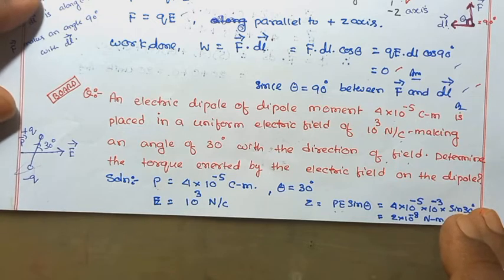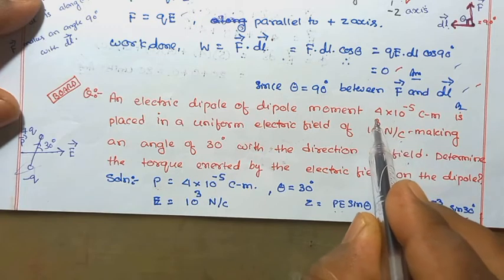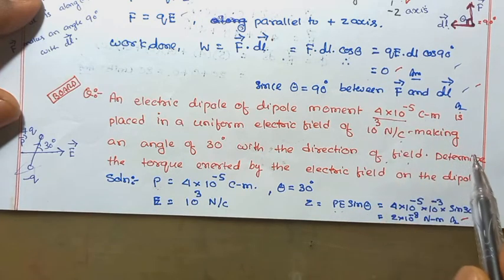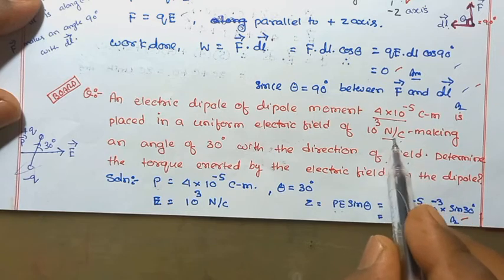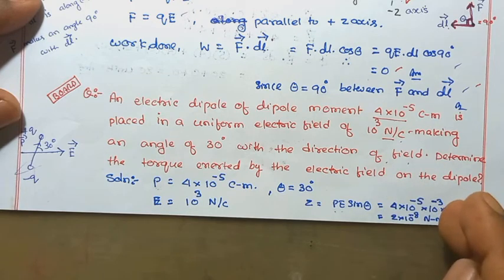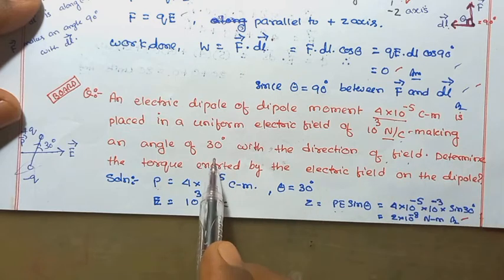In this question, electric dipole moment is given, that is 4 into 10 power minus 5 coulomb meter, and uniform electric field is given, that is 10 to power 3 Newton per coulomb, and this dipole is making an angle 30 degrees with the direction of the electric field.